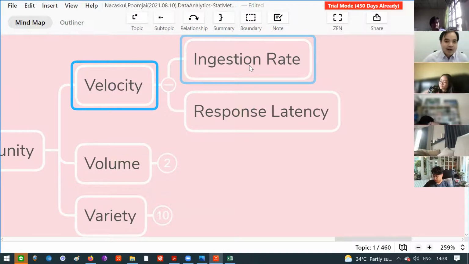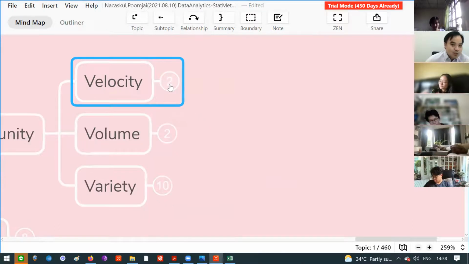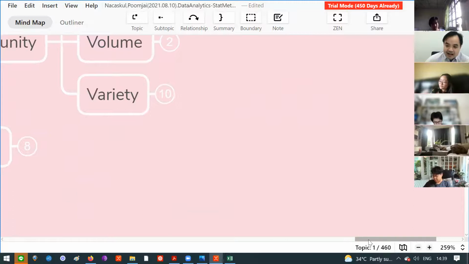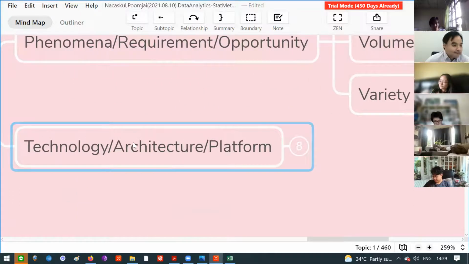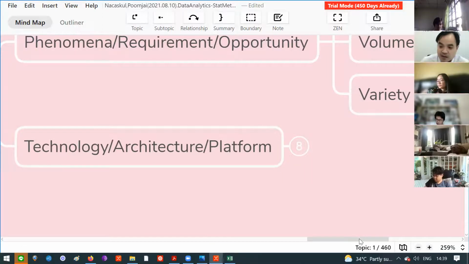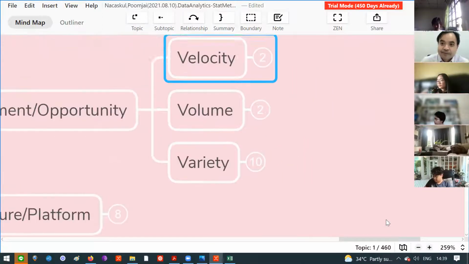Now, these two things are very much technologically driven. So this will actually be answered a lot of the time under the technology side. You have to create a platform that ingests data quickly, verifies it quickly, processes it quickly, and throws back the result quickly, almost on a real-time basis.